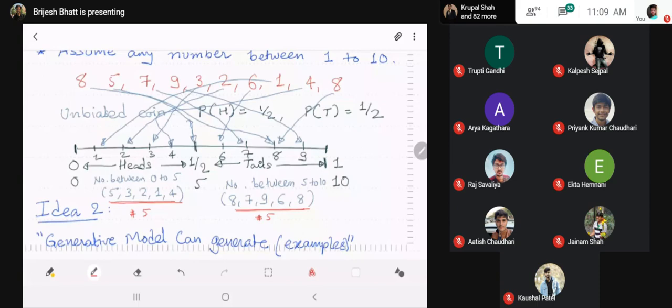And now if I want to calculate the probability of head and tail from these numbers, there are total 10 numbers that we talked about. Out of those 10, 5 were in heads. So now we have 10 observations, and out of these 10 observations, 5 are head and 5 are tail. So if I calculate probability from these observations, it again turns out to be 1 by 2, 1 by 2.